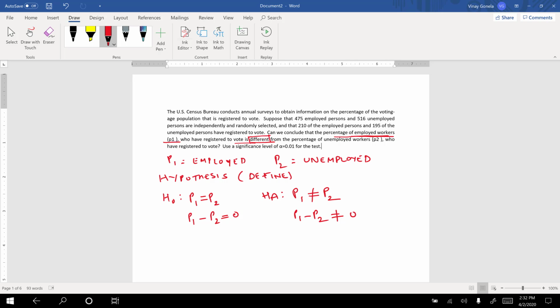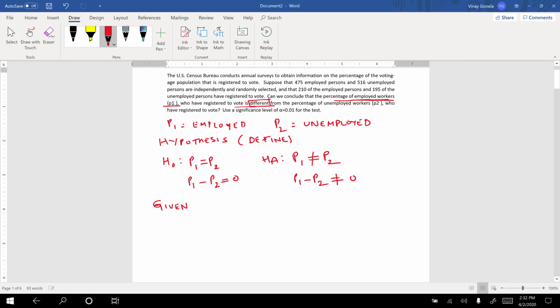So we have our hypotheses to see whether the null hypothesis is true or false. The data is given: we have employed data and unemployed data. Suppose that 475 employed persons and 516 unemployed persons are independently and randomly selected.